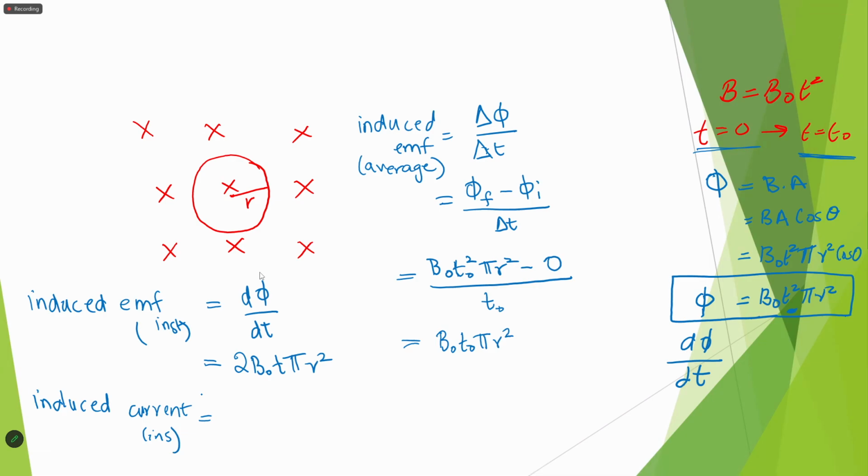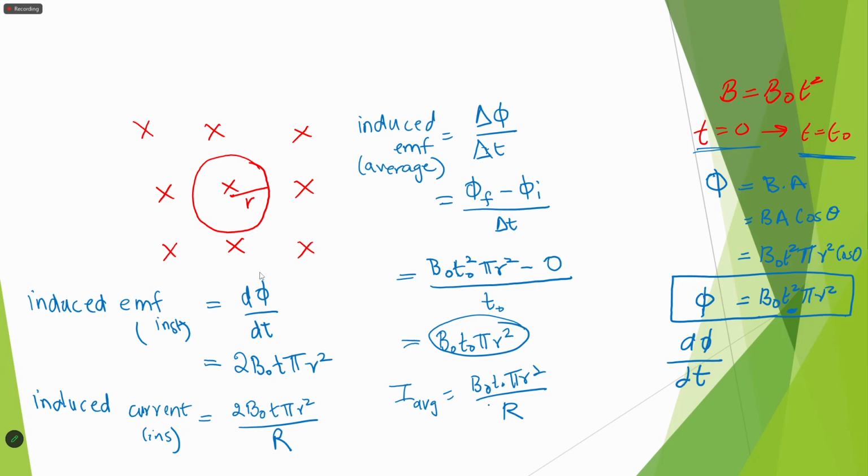So it will be 2 B naught t pi r square divided by the resistance R. EMF divided by the resistance gives me the current. Correct or not? Same thing here: if I want to find the average induced current, I will take this value of average induced EMF and divide it by R.